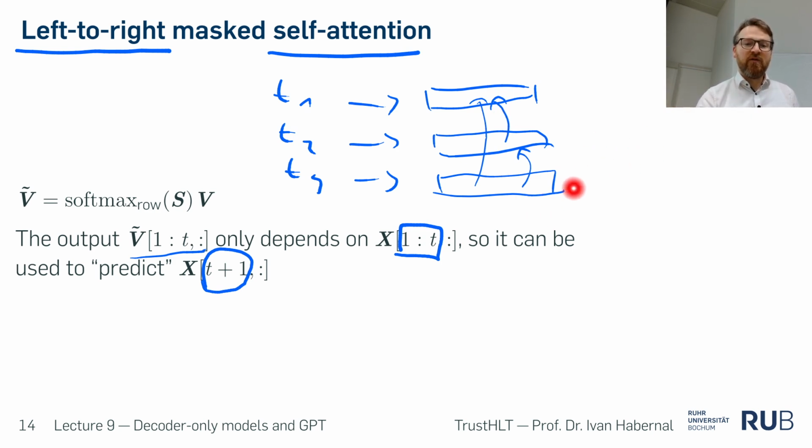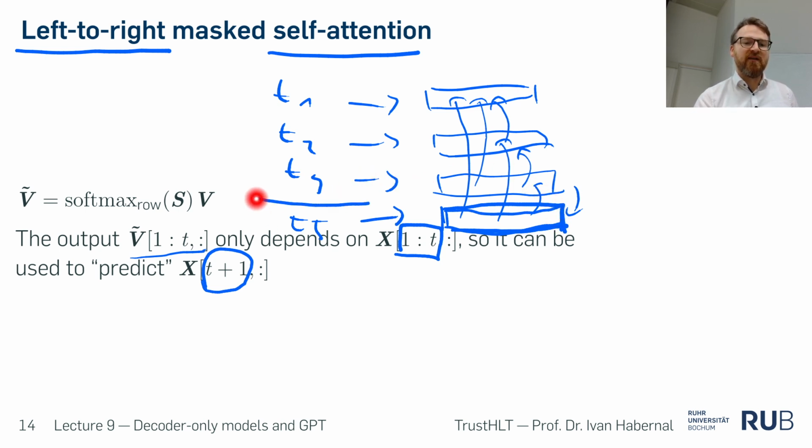So we can use this to try to predict the next token, token 5. If we get an embedding of token 5, which also depends on all the previous ones through self-attention, we can ask what the meaning of this embedding is, which token it corresponds to. So we can make a cut and try to learn it in such a way that the last embedding is trying to reconstruct the token which is missing here.